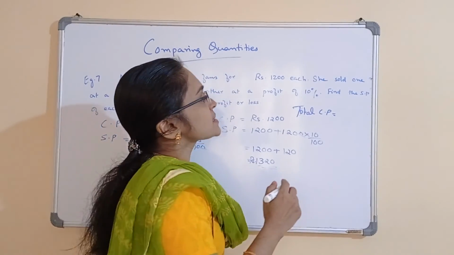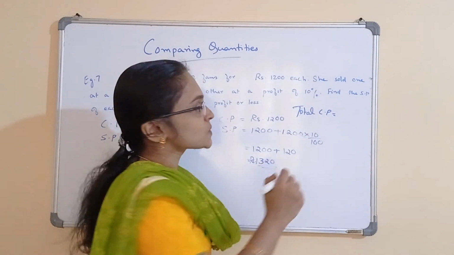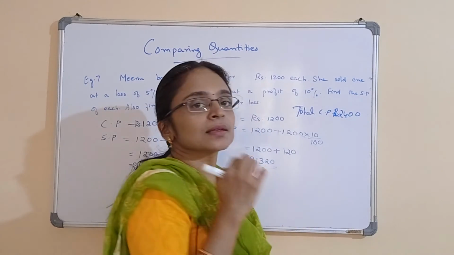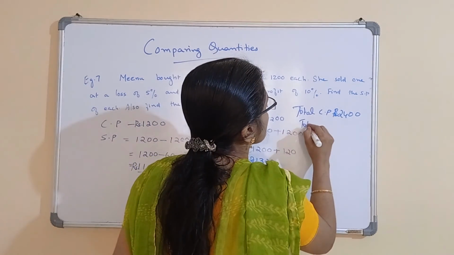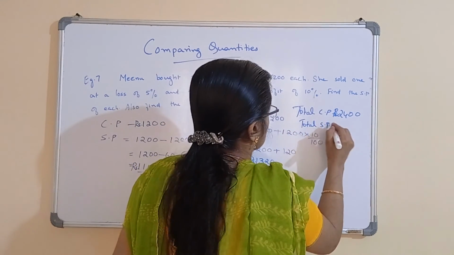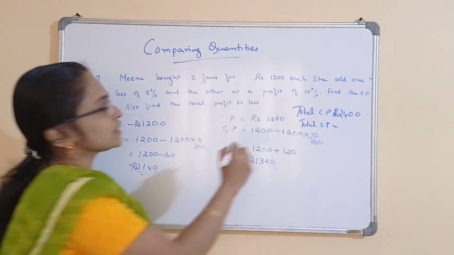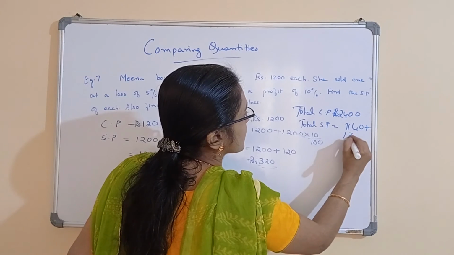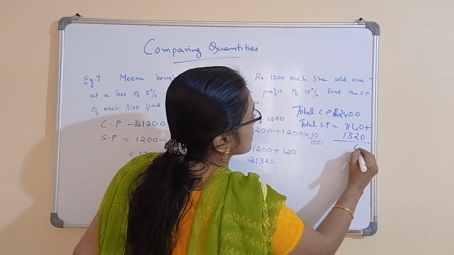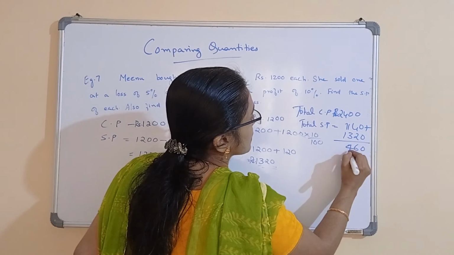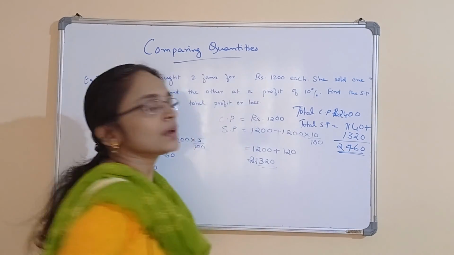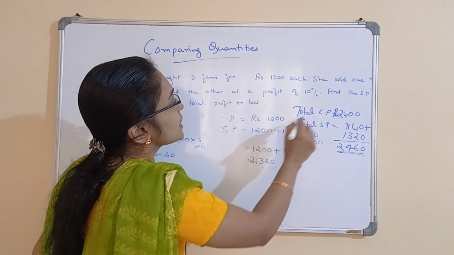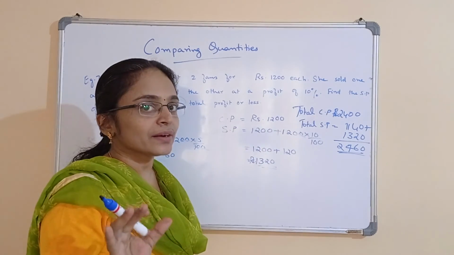Total cost price is equal to 1,200 plus 1,200 which is equal to 2,400 rupees and total selling price is equal to 1,140 plus 1,320, which is 2,460 rupees. So, he bought it for 2,400 rupees.